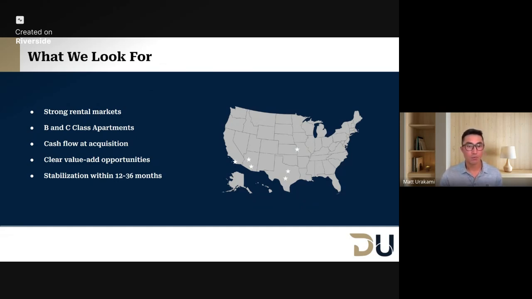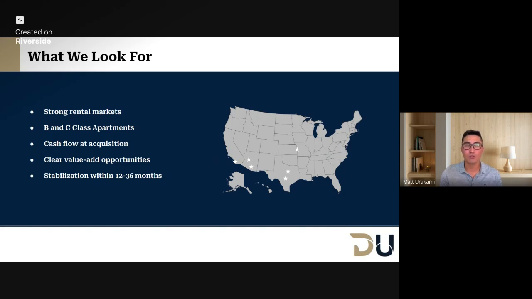These are B and C class apartments, not 2026 new builds where everything is beautifully done and rents are at the top of the market. We're looking to go into a working class, safe neighborhood. Crime is a big factor, where we can improve the rents, improve the tenant base and cash flow as we go through the life of the business plan.